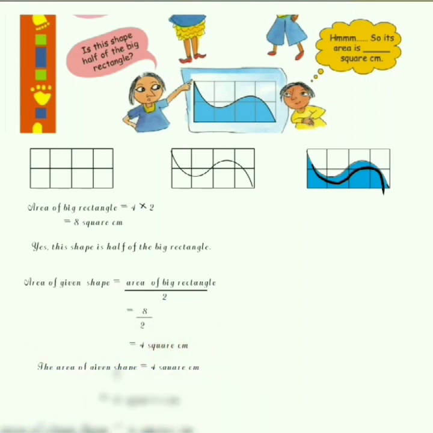Getting it or not? Two questions were there. Is this shape half of the big rectangle? Its answer is yes. This shape is half of the big rectangle. And another one is, its area is dash square centimeter. So the area of given shape is 4 square centimeter.